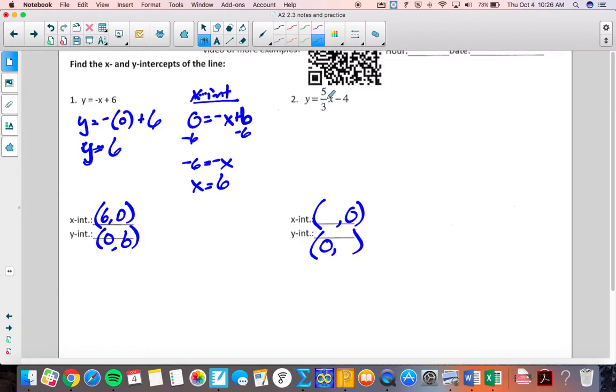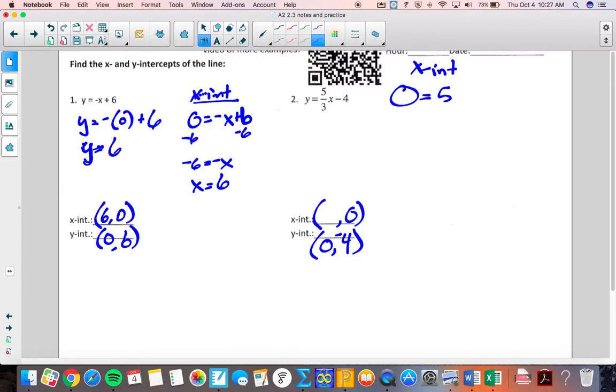So honestly, right here, I know that the y-intercept is negative 4. If I take 0 times 5/3, I get 0. So when x is 0, y is negative 4 because this is gone, or worth nothing. So now let's plug in 0 for y and solve this equation to get the x-intercept.